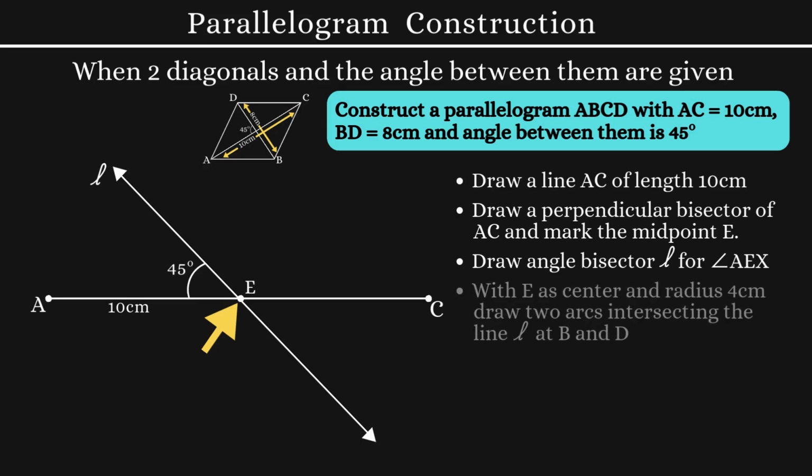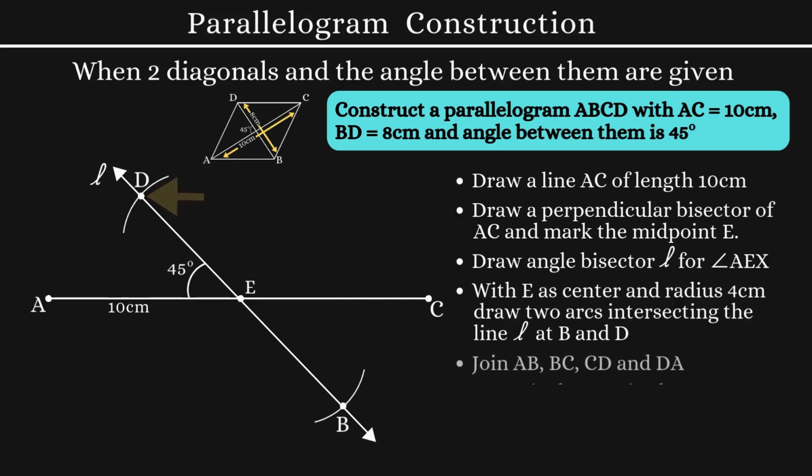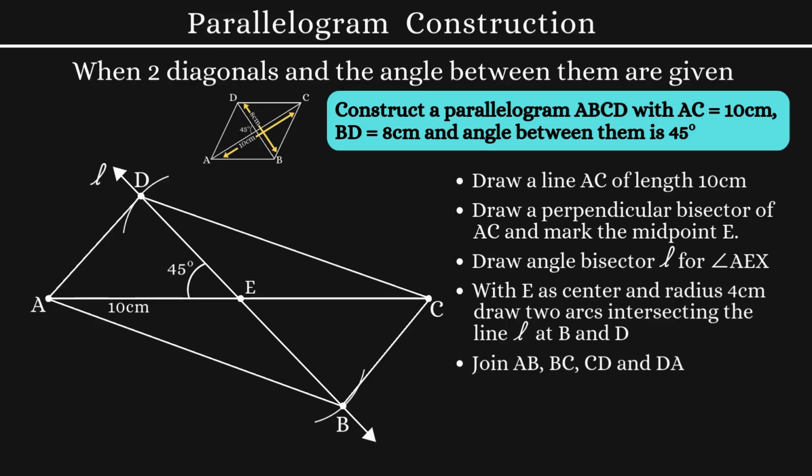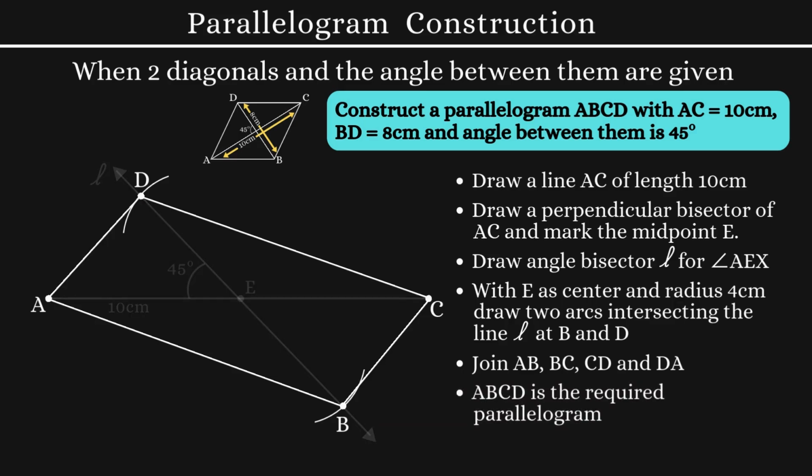So, we'll take half of this length, 4 centimeters, as the radius and the center at E. Draw 2 arcs which intersect the line L. These 2 points of intersection will be B and D. Now let's draw the lines AB, BC, CD and DA. ABCD is the required parallelogram.